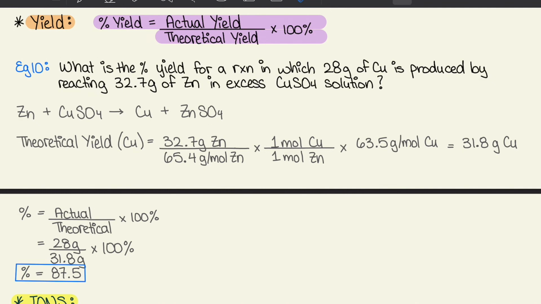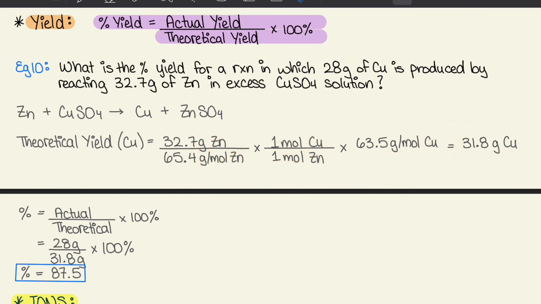So we multiply that by 1 mole of Cu over 1 mole of zinc, and in this process we cancel out the units for grams and moles for zinc, and we multiply that by 63.5 grams per mole for copper. So the 1 mole of copper times 63.5 grams per mole of copper, the moles cancel out, and we're left with 31.8 grams of Cu.